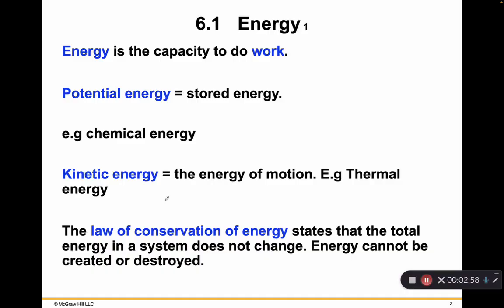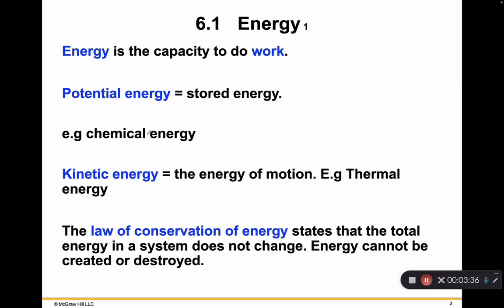Potential energy is the stored energy, right? A ball at the top of a hill, or water in the reservoir just behind the dam, are examples of potential energy. They contain energy in the stored form. As soon as you open the dam, or the ball is allowed to roll down the hill, it gains momentum and runs faster.